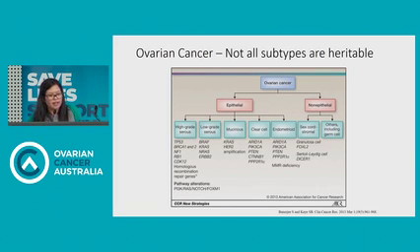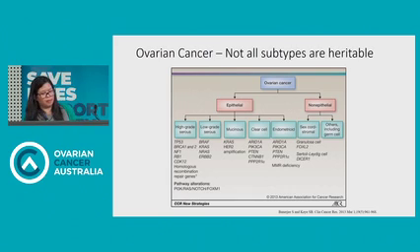As you can see on the left, the high-grade serous epithelial ovarian cancer is the one where we're most likely to identify a germline BRCA mutation. That's the subgroup where we're most likely to be able to identify an inherited genetic cause to explain why that woman has developed ovarian cancer.